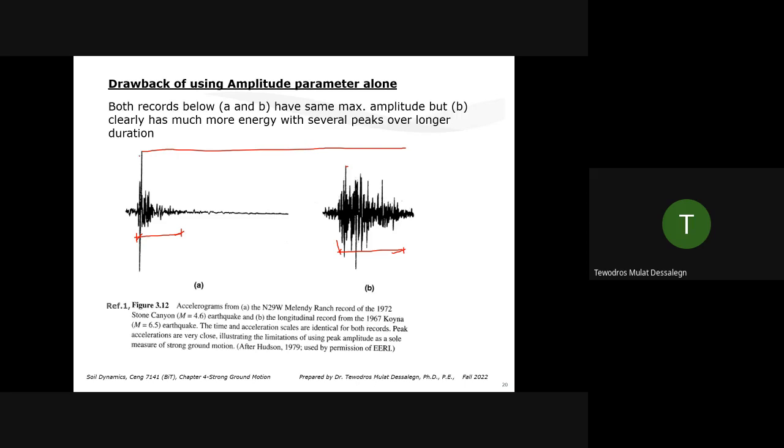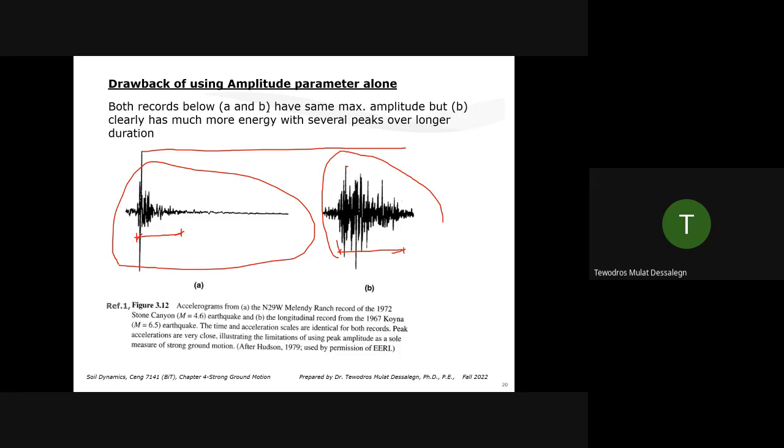Even if the peak value of this one is larger, if you use this acceleration time history for analysis, it may not have that significant impact on the structure compared to a slightly lower value but with a large duration. That's what all this is saying.